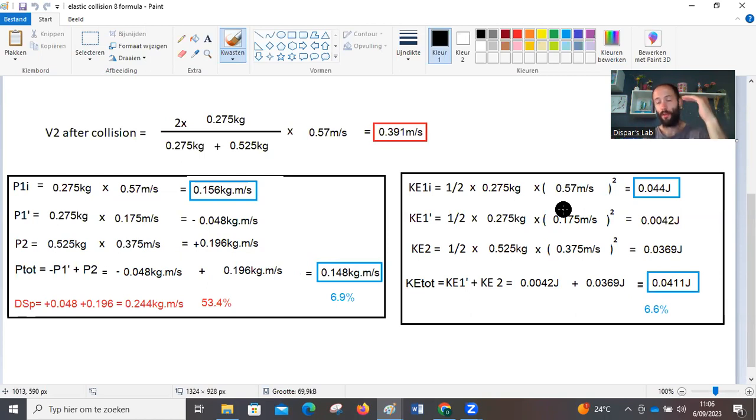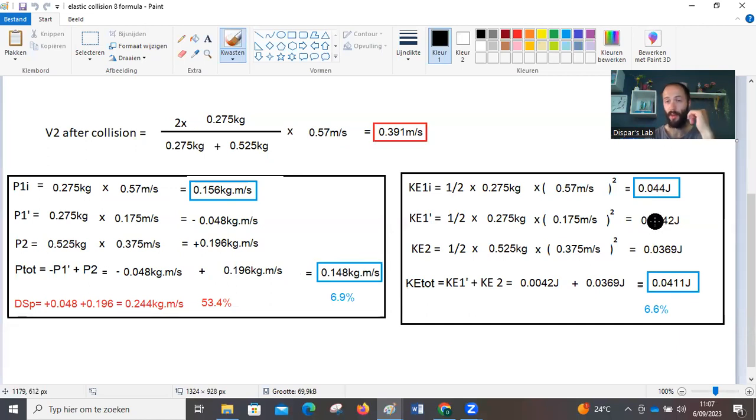So it should be normal that the combined kinetic energy after the collision is less. We have 0.044 and here we have 0.041, so it's less than the initial energy, and that's normal.